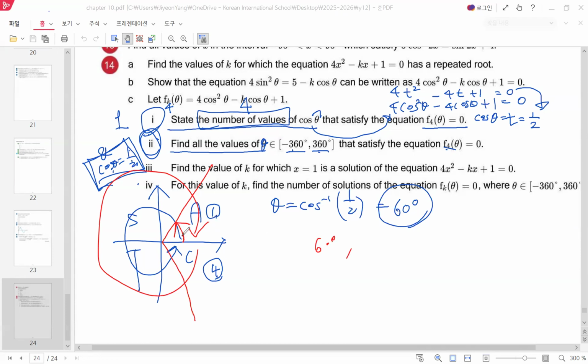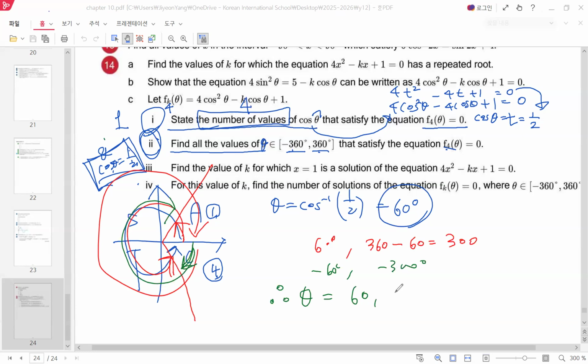And then 360 minus 60, which is 300. Let's calculate the negative direction. Negative 60, and then negative 300 degrees. Therefore, theta is either 60, 300, negative 60, or negative 300.